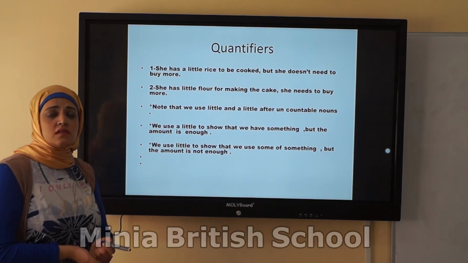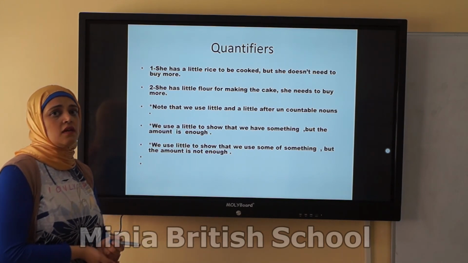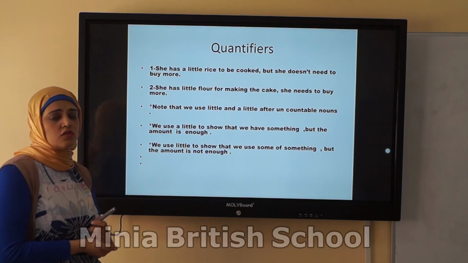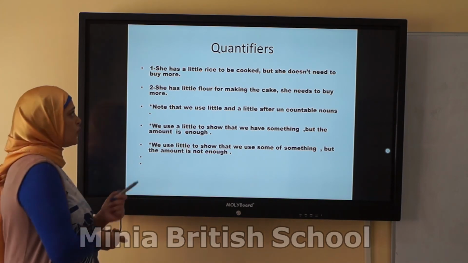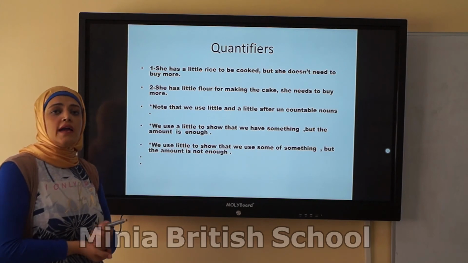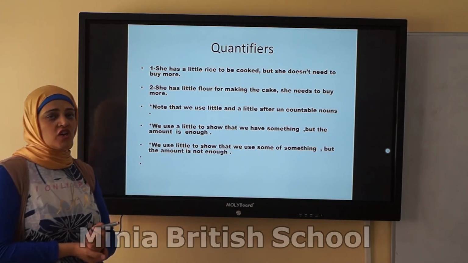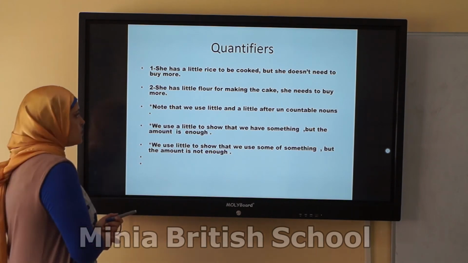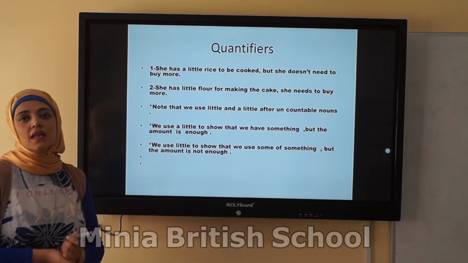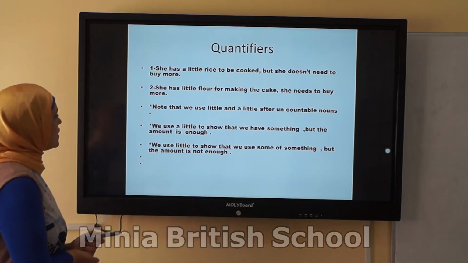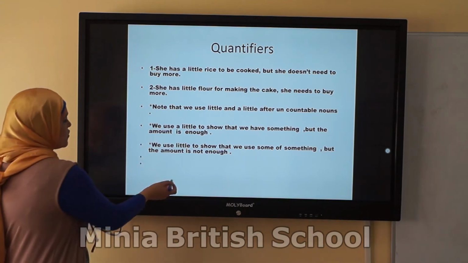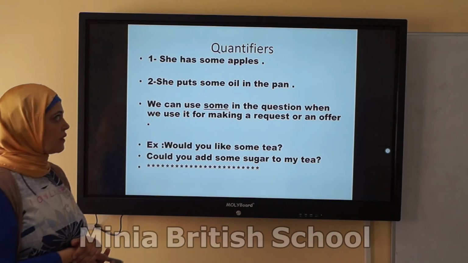Sometimes it's not a big amount, it's not much, but it is enough when you use a little, and other times it's not much and it's not enough at the same time when we use little. Okay, that's all that we explained together.